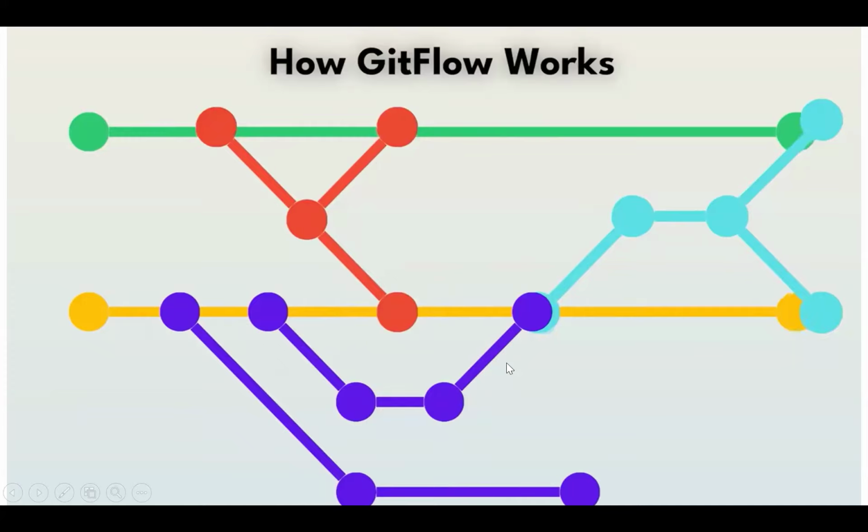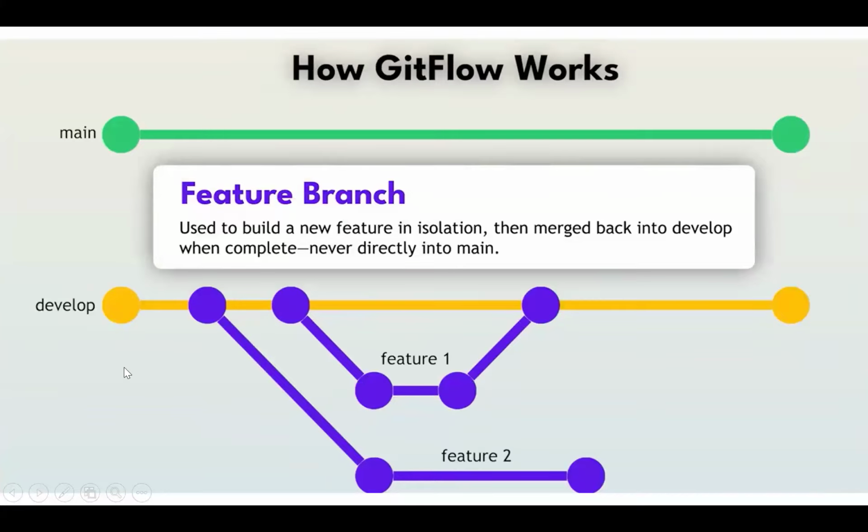So this is a feature branch, basically. See, this is one developer branch, and for every new feature, they created one feature branch. And once the feature is done, they merge it again with the developer branch. Once the developer branch is done, it gets merged with the main branch. So what do you mean by feature branch?